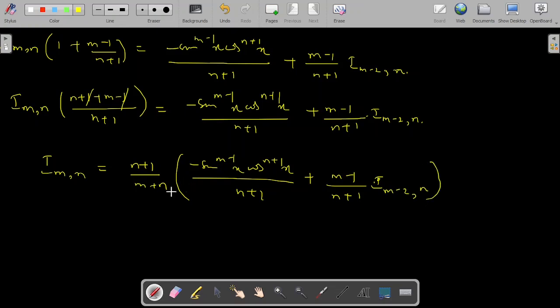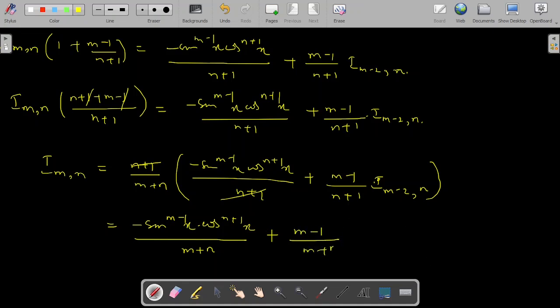So this n+1 cancels. Therefore, you are left with -sin^(m-1)x cos^(n+1)x divided by (m+n). This cancels here. Then similarly plus, this cancels with that of the numerator term, (m-1)/(m+n) into I_{m-2,n}.